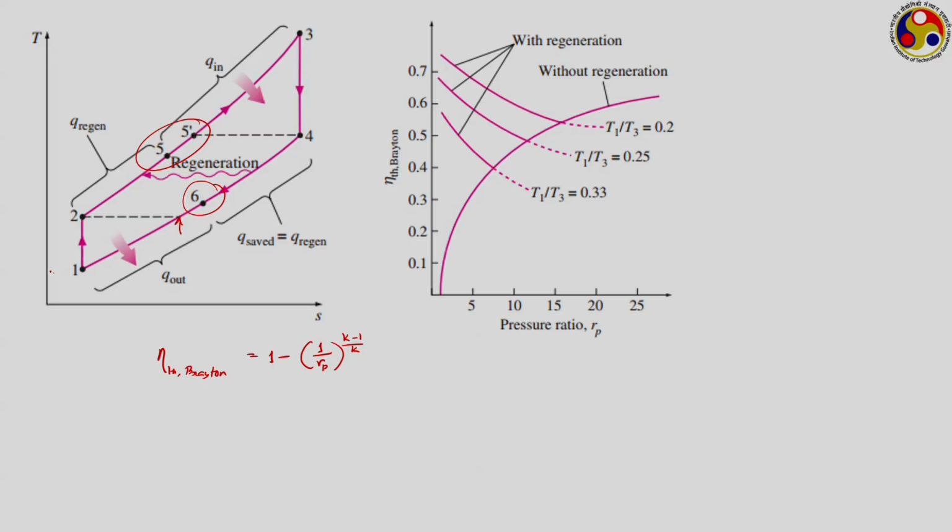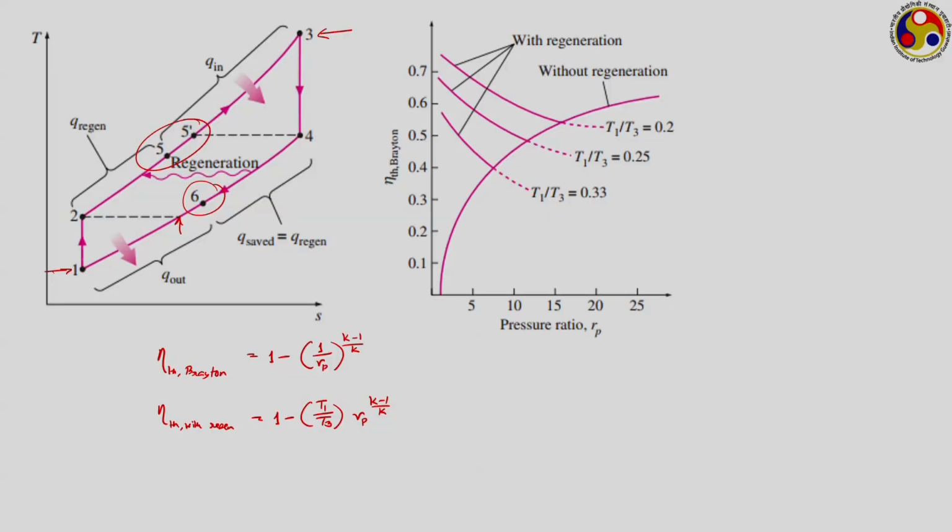In the cycle shown here, the minimum temperature is T1 and the maximum temperature is T3. It can be shown, I am not doing the derivation, that the thermal efficiency with regeneration will be 1 minus T1 upon T3 into Rp to the power k minus 1 by k. So, it depends on the pressure ratio and also on the temperature ratio, maximum to minimum temperature of the cycle, or minimum to maximum.